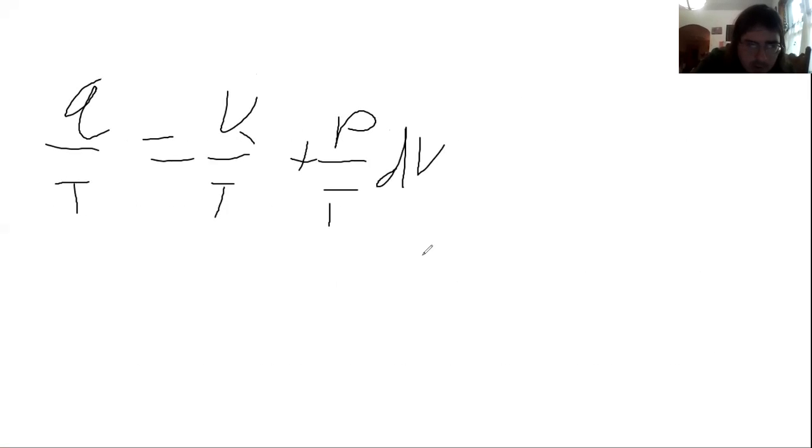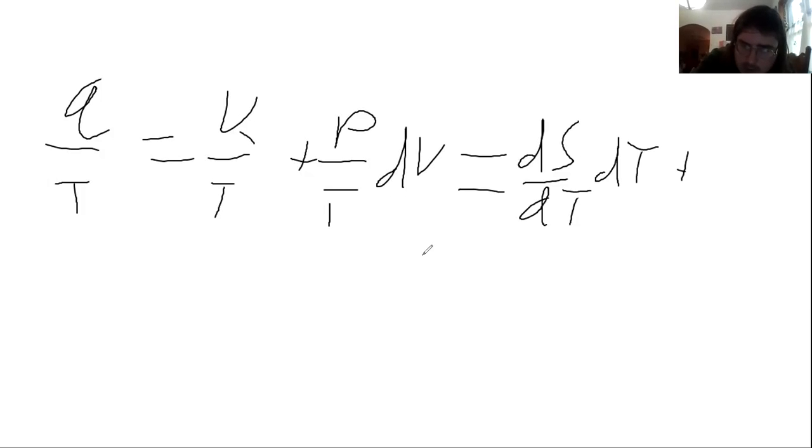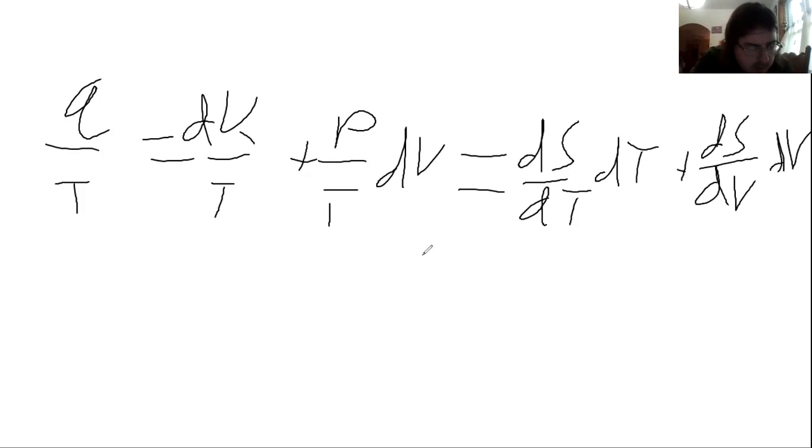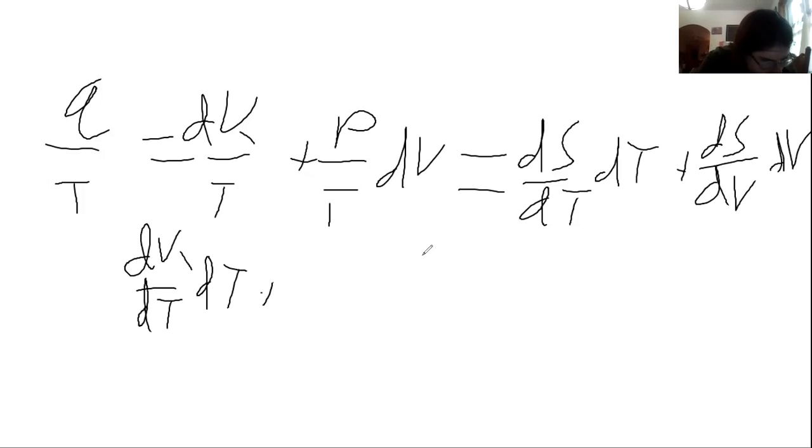That's also equal to our ds dt dt plus ds dv dv. Okay, we know what dU is. dU is equal to du dt dt and du dv dv.